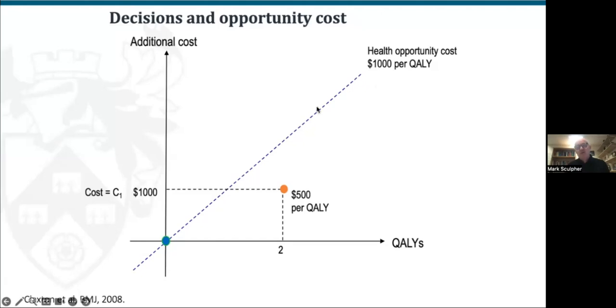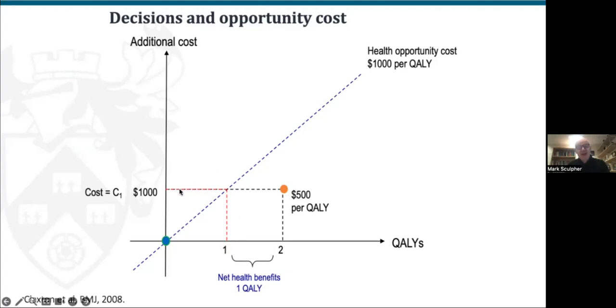So this measure of opportunity cost, which we sometimes call the marginal productivity of the health system, can tell us how much health is associated with effectively reducing $1,000 of expenditure elsewhere in the health system. Now, this will be multiplied over how many patients it relates to, but that function, if we read across, tells us something about the health we forego for other patients.